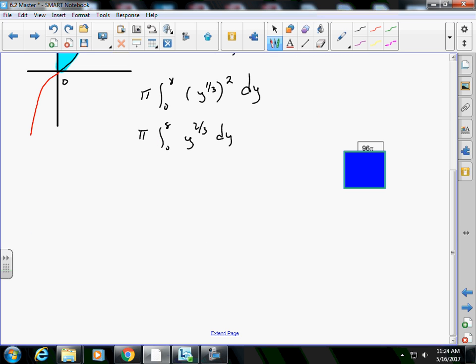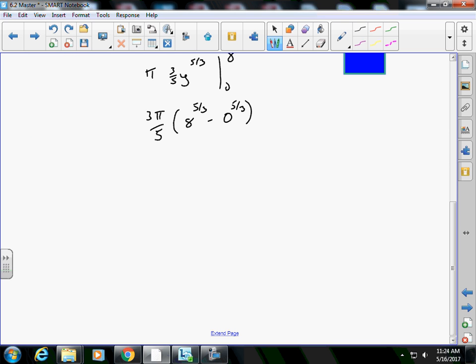After I've done that, I'm going to integrate. I'm going to add 1 to that, so I get 5/3. I have to remember to have a 3/5 in front, going from 0 to 8. Remember, I have to be able to go back to what I originally was. That's why I need the 3/5. So then I have 3 pi over 5 times 8 to the 5/3, subtract 0 to the 5/3.